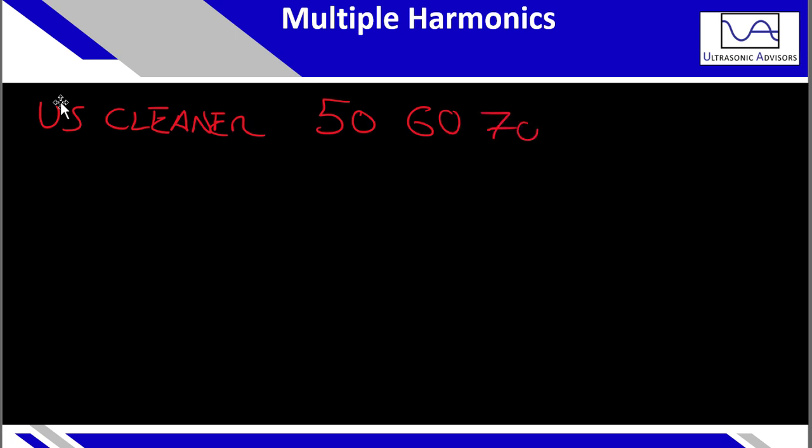We had described an ultrasonic cleaner model to have resonant frequencies at 50, 60, and 70 kilohertz, and then actually beyond that as well. So we'll ask in this slide, how do you model that into one congruent model for the equivalent circuit?